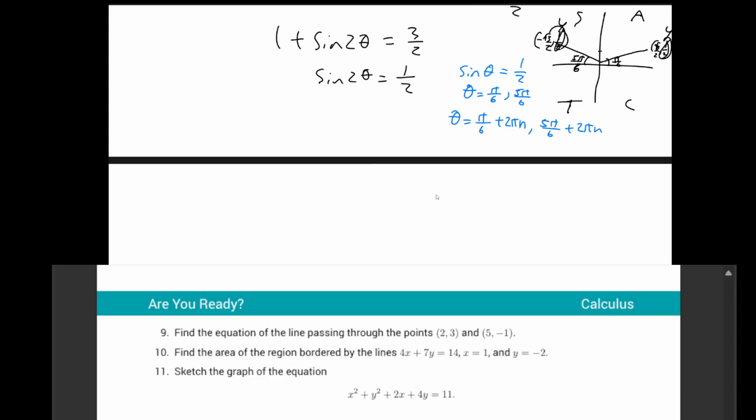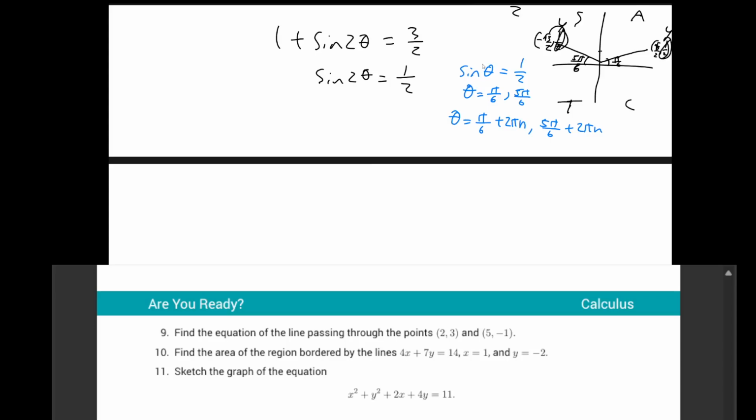If I multiply both sides by 2 to get 2 theta, because we have the 2 theta here, then we'll get 2 theta equals 2 pi over 6 plus 4 pi n, or no, I was doing it correct before. So we have theta equals this.